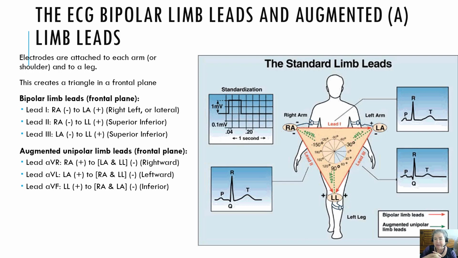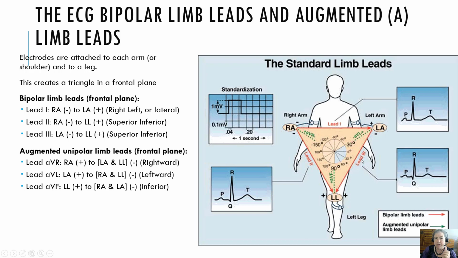Okay, and the left arm and left leg are both positive electrodes. The right arm electrode is a negative electrode. The direction that a current is flowing on the skin determines the deflection. And if you have current flowing towards a positive electrode, you get a positive deflection of the EKG.